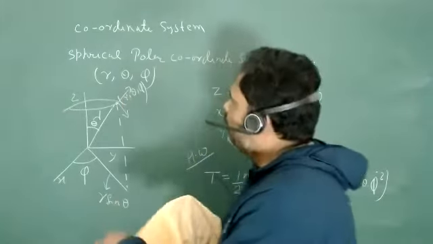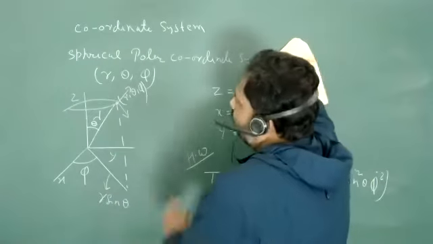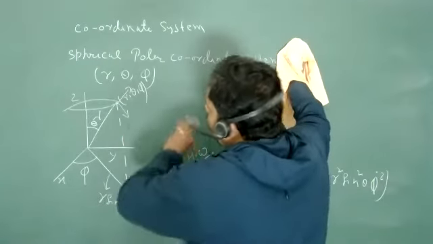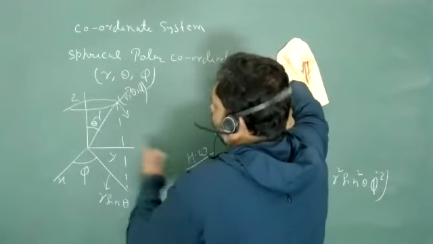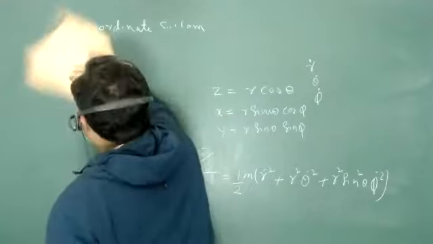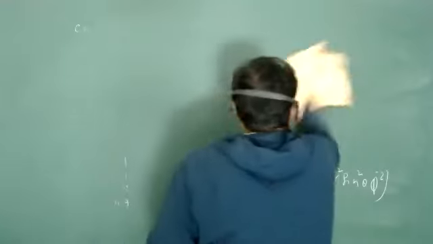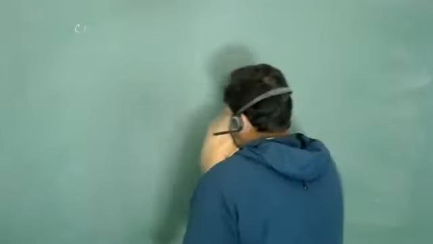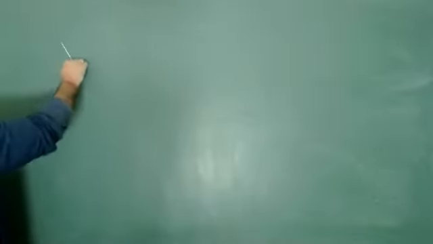Then we will see which coordinate system is more efficient and how we can use different coordinate systems to identify the motion of a system. So let's go for one very nice problem, where we have to use what we discussed in the last class as well as today's class. So what do we have? We have one cone.